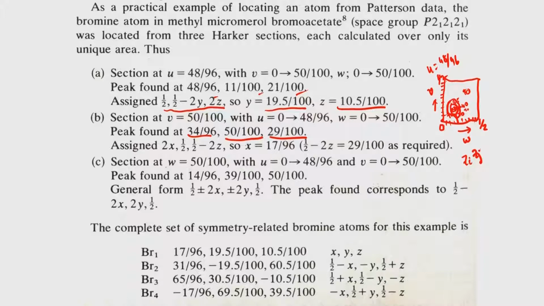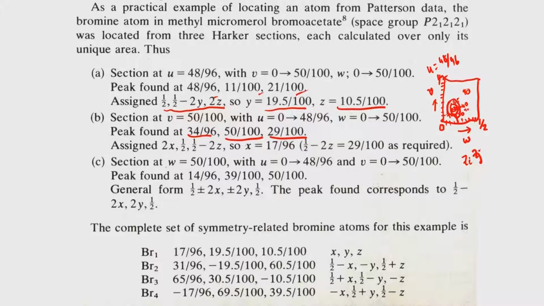So, 2z is 21 by 100, and therefore, this will be 10.5 by 100, half of that. So, the peaks corresponding to y and z are at 19.5 by 100, 10.5 by 100.